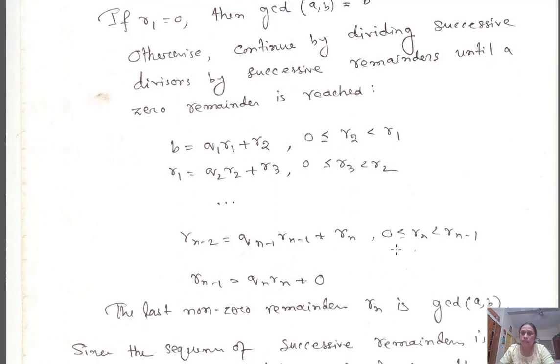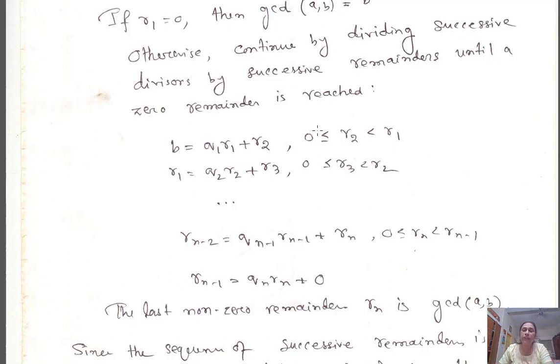In the last step you are getting 0 less than or equal to Rn less than Rn minus 1, less than R2, R2 less than R1, R1 less than B. So when you keep doing this, your remainders become smaller integers.